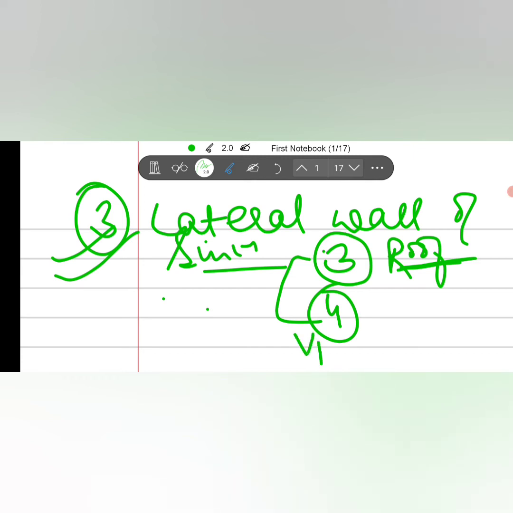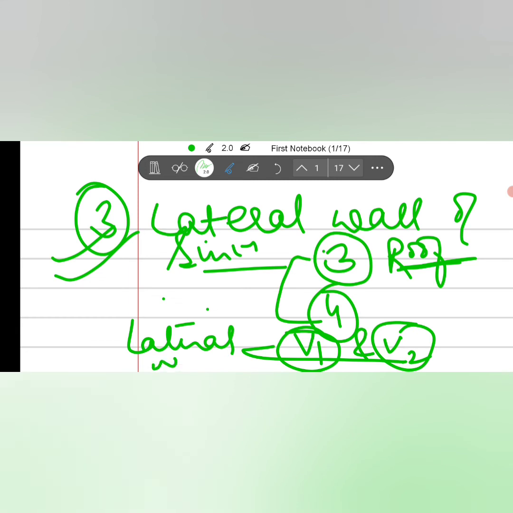Now V1, that is the ophthalmic division of the trigeminal nerve, enters by piercing the cavum trigeminale or lateral wall of the sinus. V1 and V2 both pierce the lateral wall of the sinus. 3 and 4, trochlear nerve, these came from above, enter the sinus and leave through the superior orbital fissure.